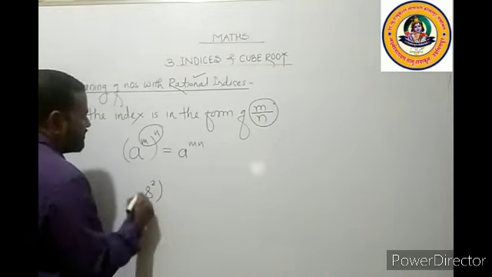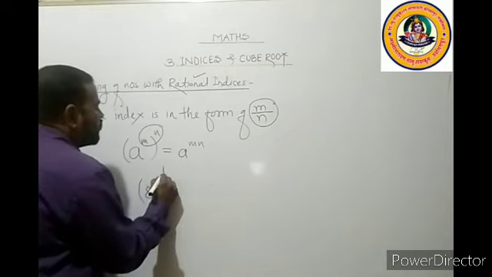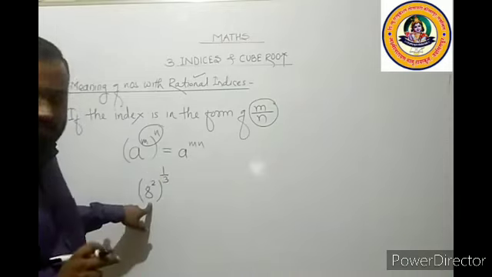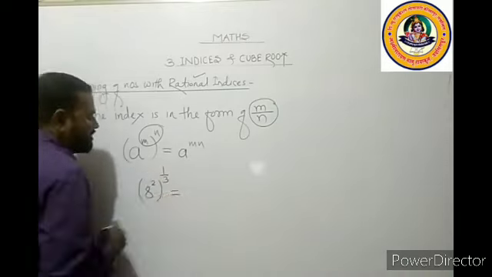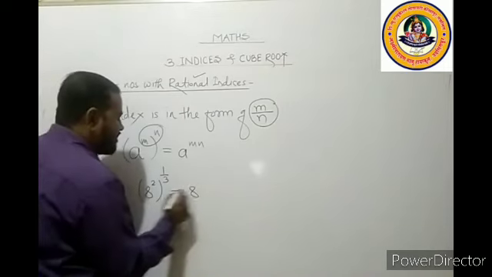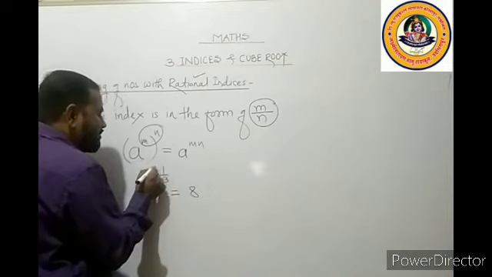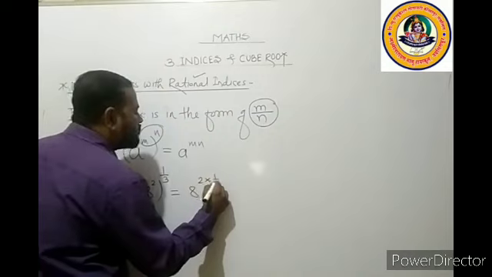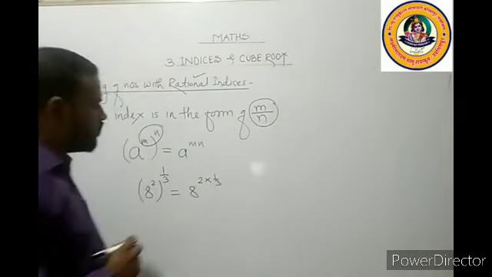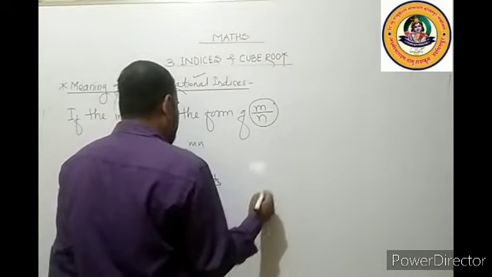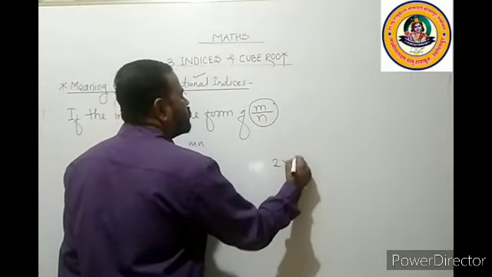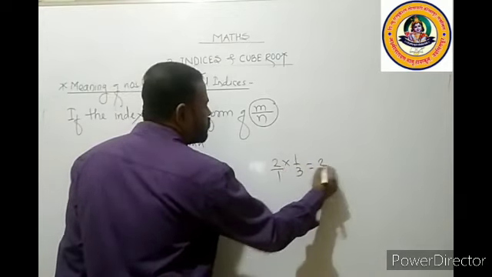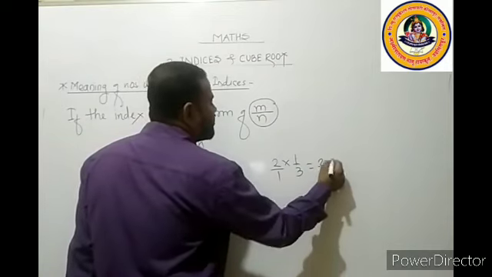The square of 8 raised to 1/3, that is the cube root of the square of 8. We evaluate it by multiplying the indices: 8 raised to m times n, that is 2 times 1/3. Multiplying 2 into 1/3, the denominators give 1 times 3, which is 3, so we get 2 by 3.